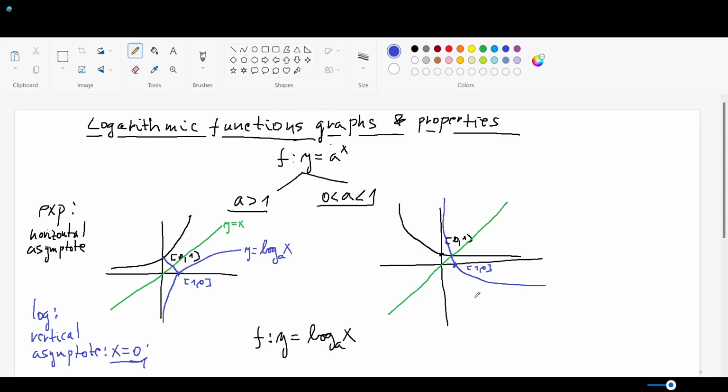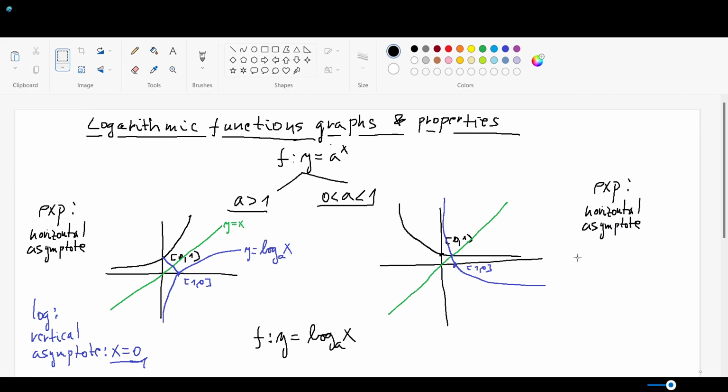Okay, this is a very important thing, and the same applies for the exponential and logarithmic function if the base is less than 1 but still greater than 0.